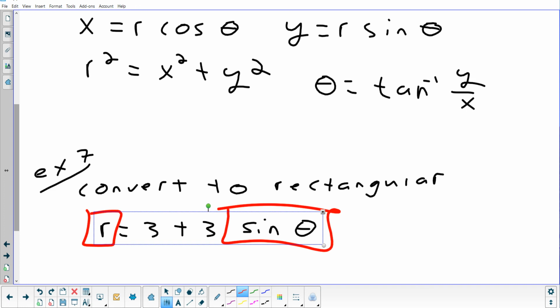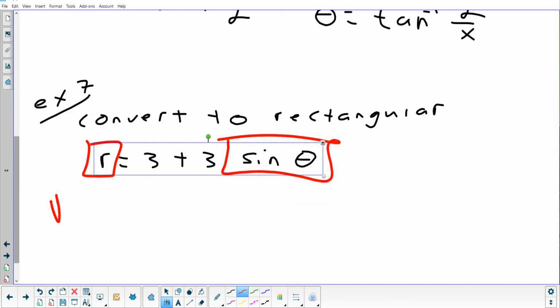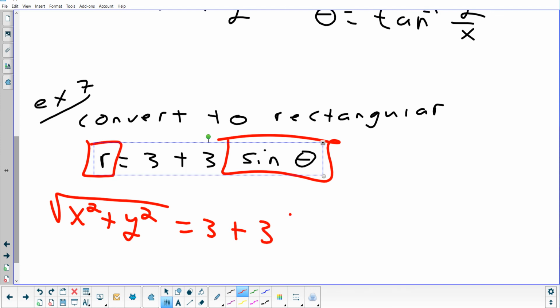The square root of x squared plus y squared. Yes, r is the square root of x squared plus y squared, which is not x plus y. So just be careful with that. So r is the square root of x squared plus y squared. So we got rid of the r. And that equals 3 plus 3.